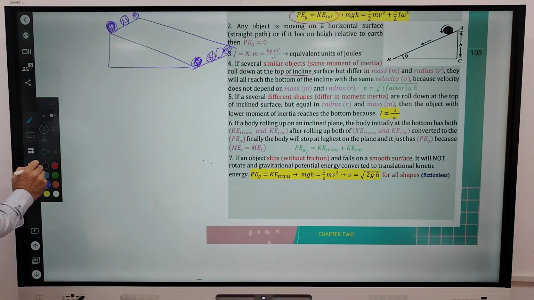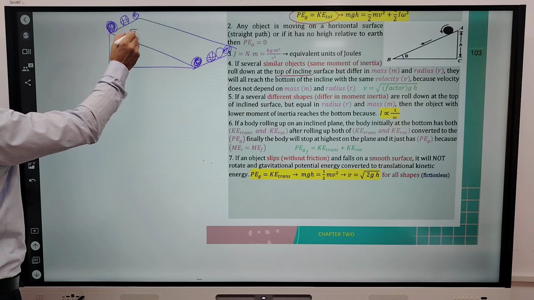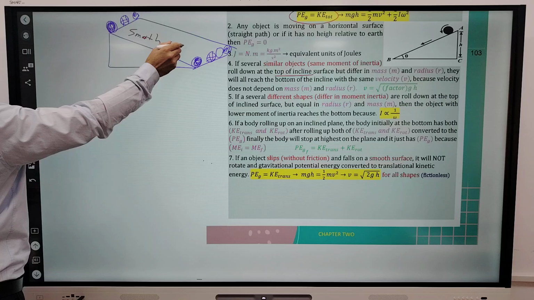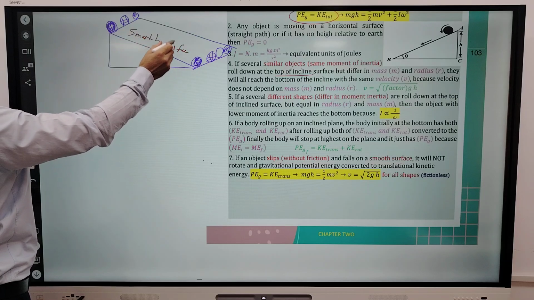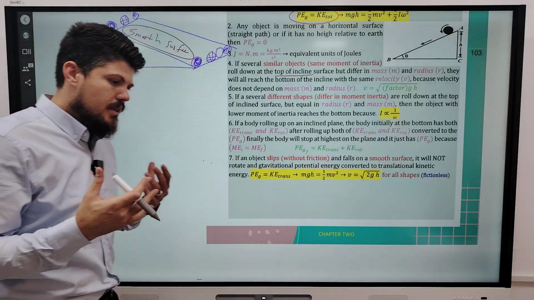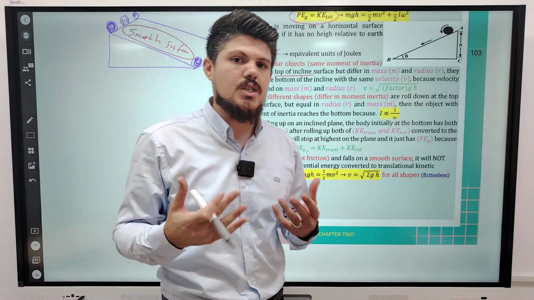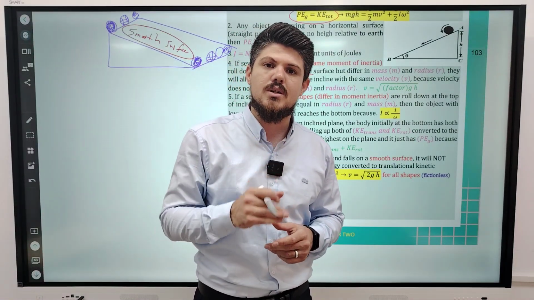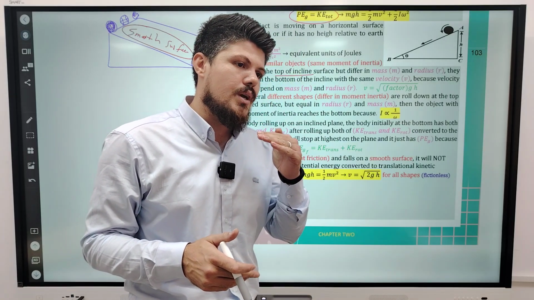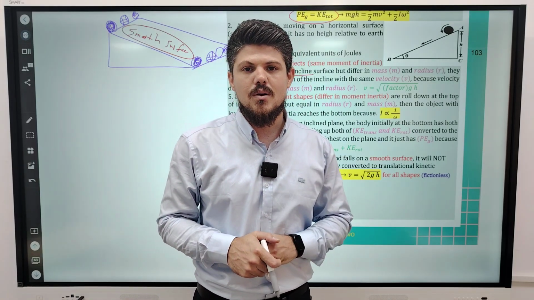Why? Because in the case of a smooth surface, so our surface here is smooth. What do we mean by smooth surface? It means that there is no friction. In the case where there is no frictional force, the object does not rotate. Instead the object is moving with translational motion only.